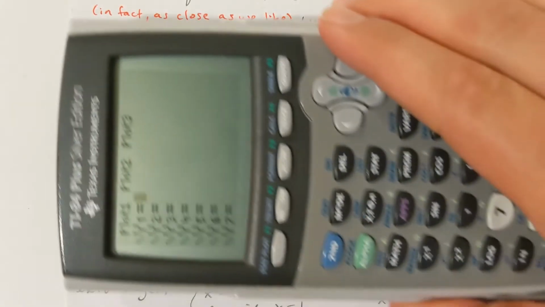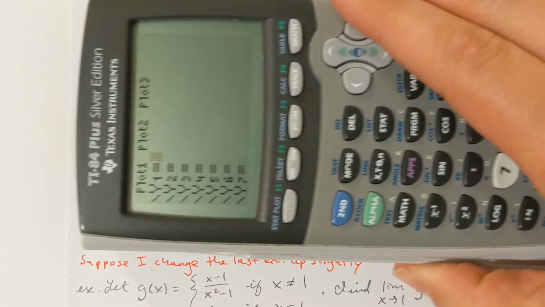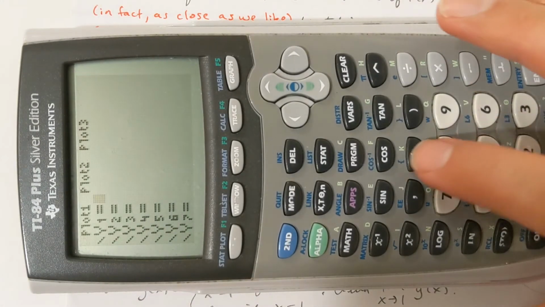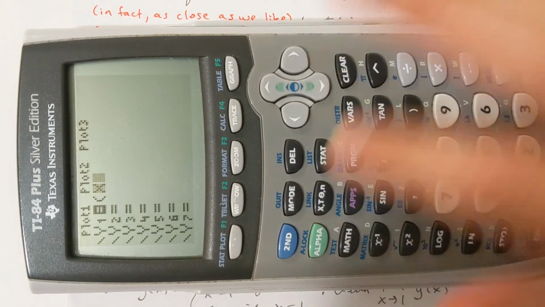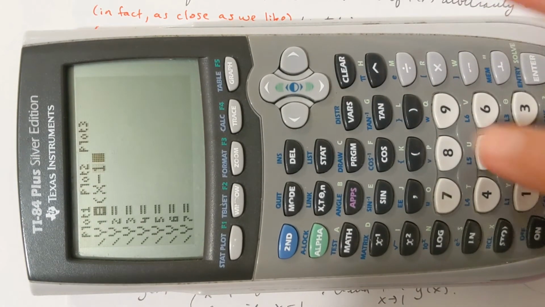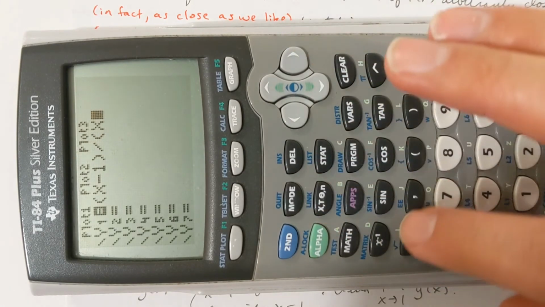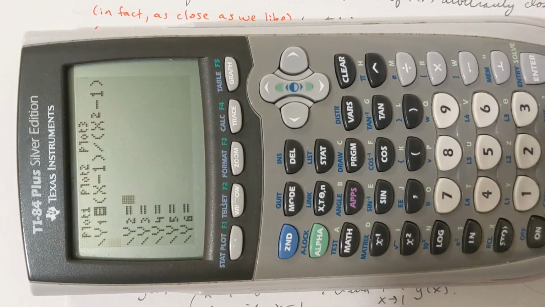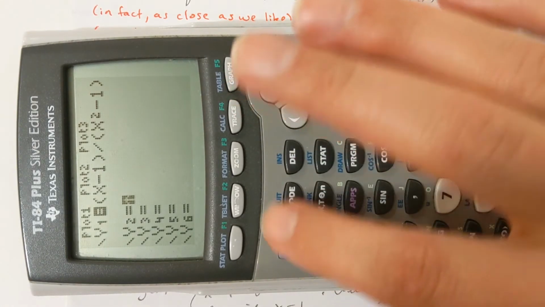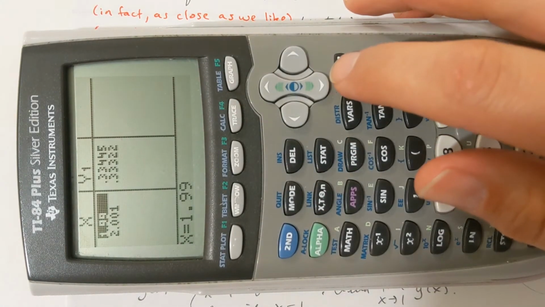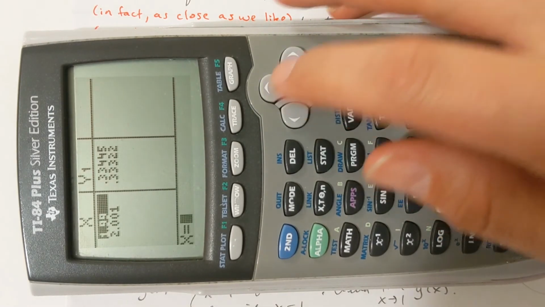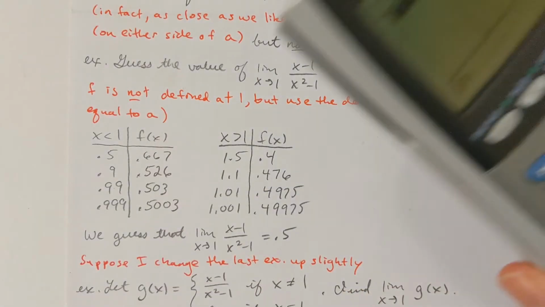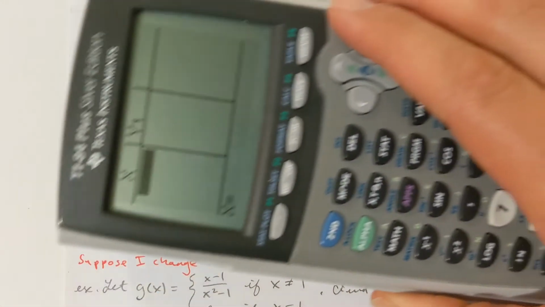And I could, of course, use my calculator. I could go back to the y equals screen there and type in this function. Here's x minus 1 divided by x squared minus 1. Hit enter, and so then I can go to the table now, and of course I can clear out what's already there. Suppose that x is 0.5.